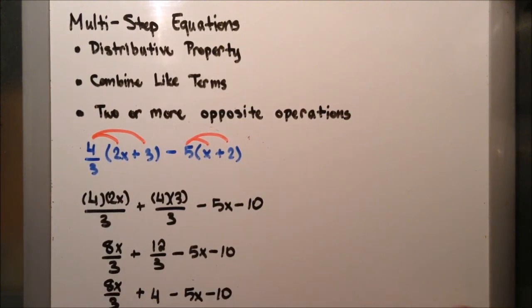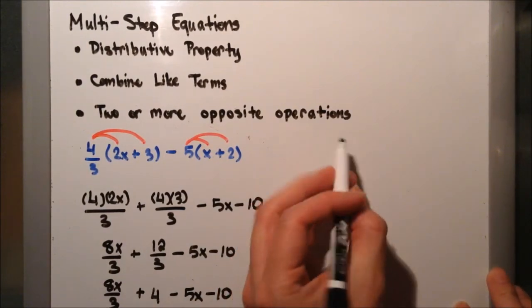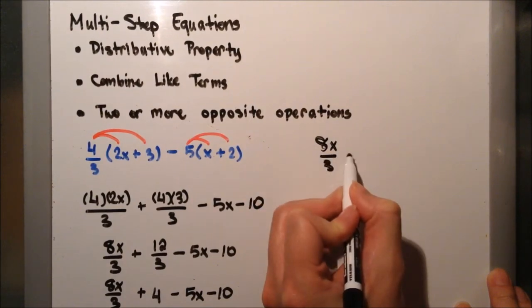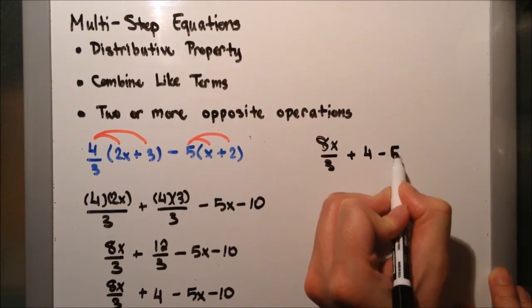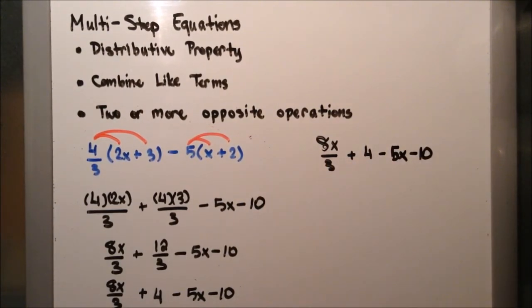So, that's what we have right now. I'm going to write over here, for more space, 8x over 3 plus 4 minus 5x minus 10.